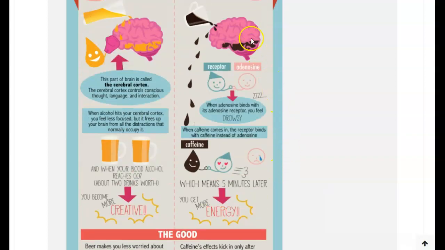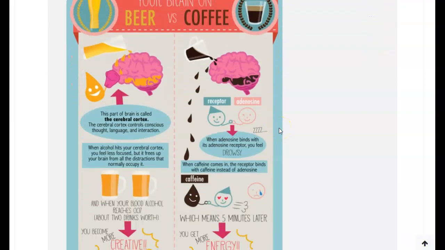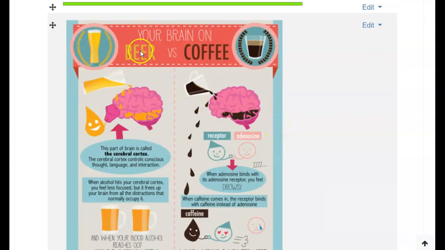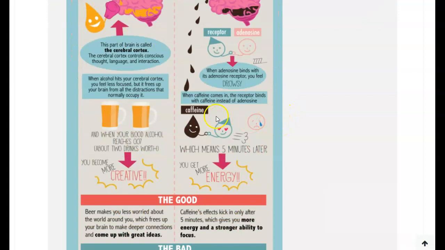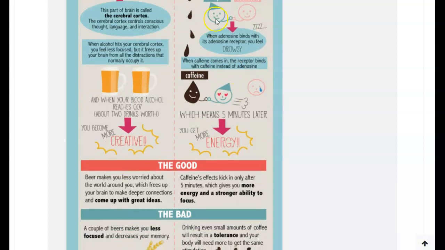And you're going to say, according to, and we don't have an author for this, so we're just going to use the title, according to Your Brain on Beer Versus Coffee, caffeine binds with the receptors in your brain, which gives you more energy. And so, therefore, we have used information here to back up our statement that we were saying.